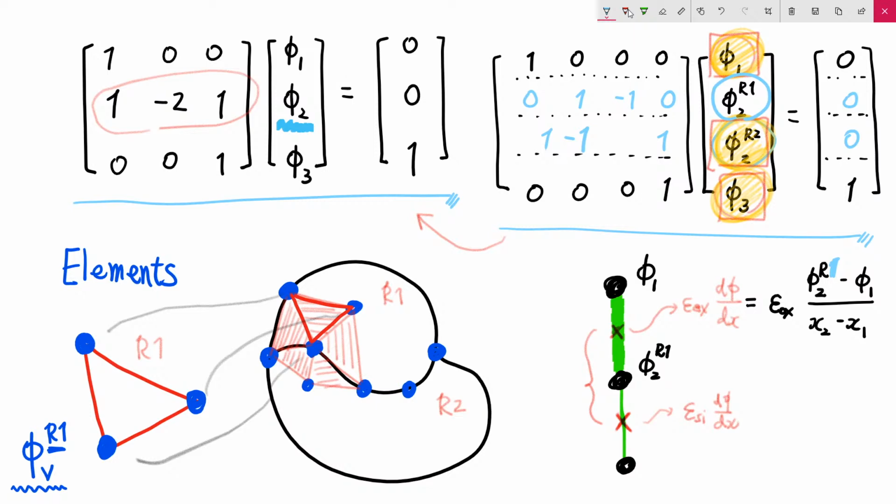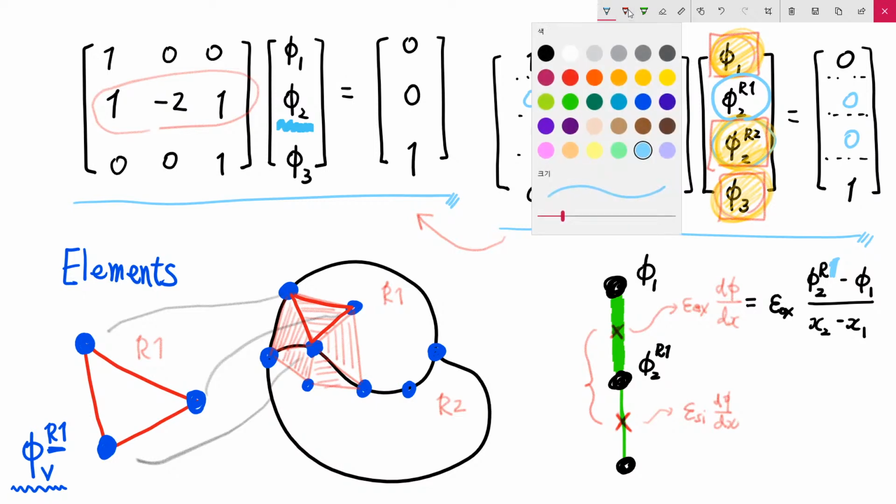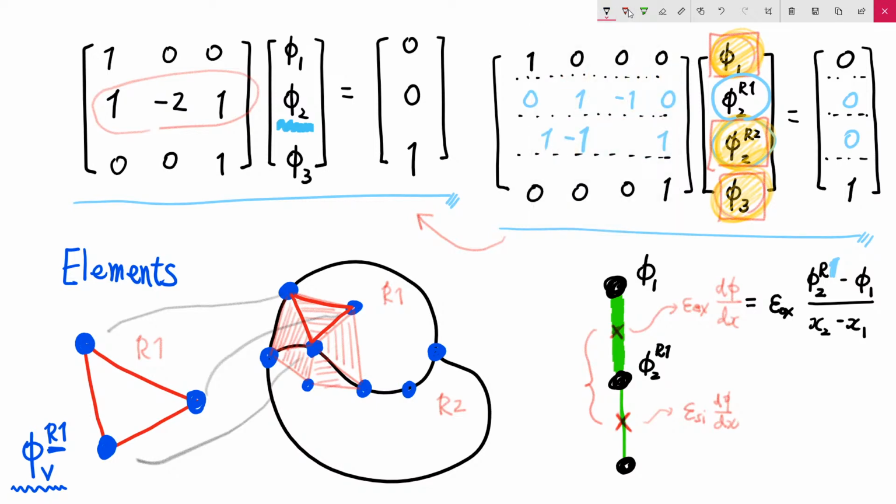when we consider the edge connecting the first node and second node, and of course if we move to the second edge shown here, then it will give us something like this, x3 minus x2, and here we have phi 3 minus phi 2 r2. In this case, we have no idea about phi 2 for region 1, only region 2 is available.